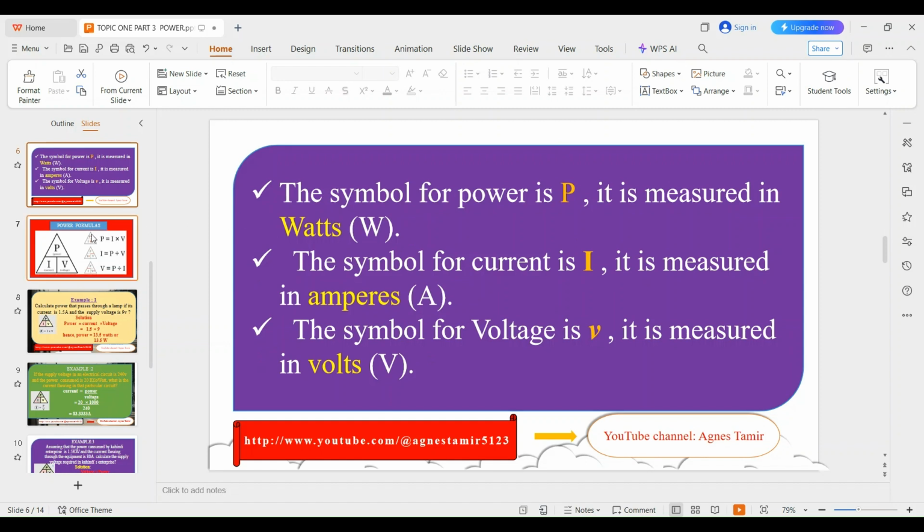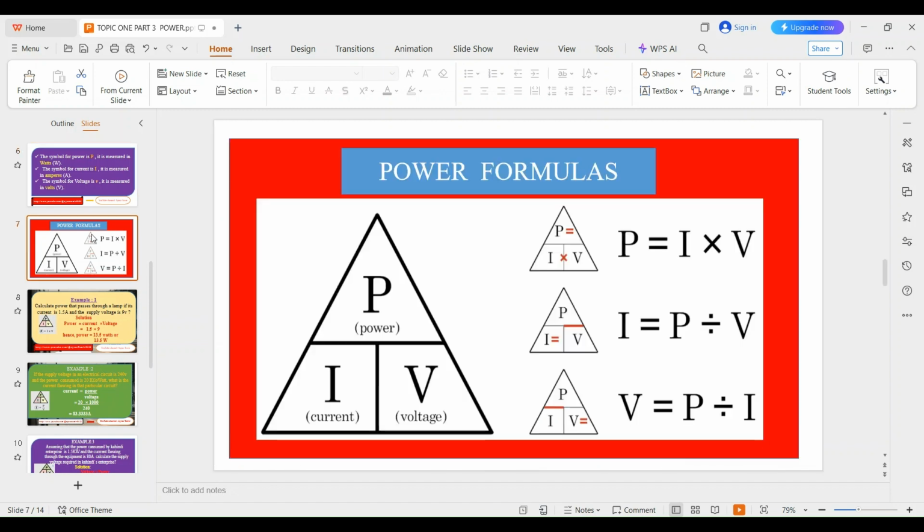Now let's go direct to look at the power triangle. I know this triangle is not new for you. We discussed it while we were looking at charge. We say that this line means division, while this line means multiplication.